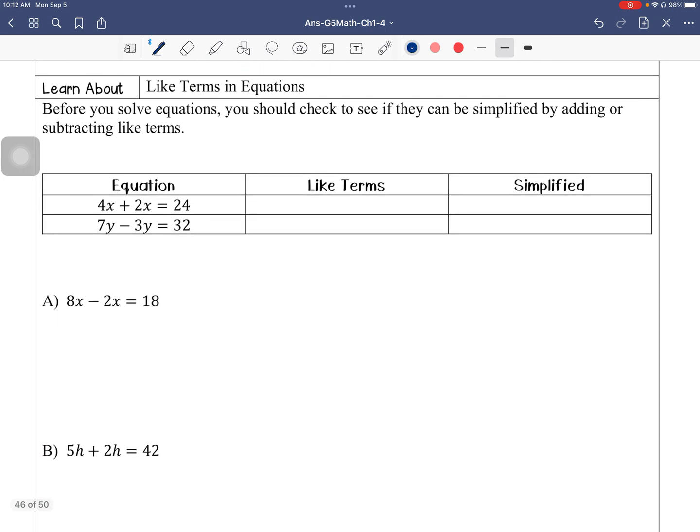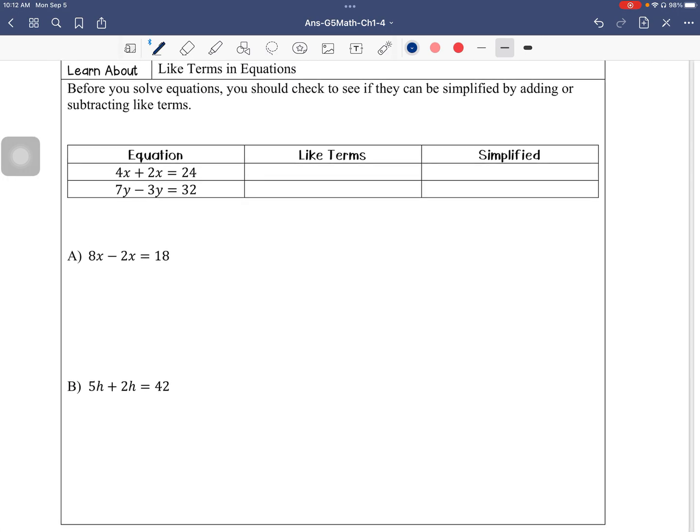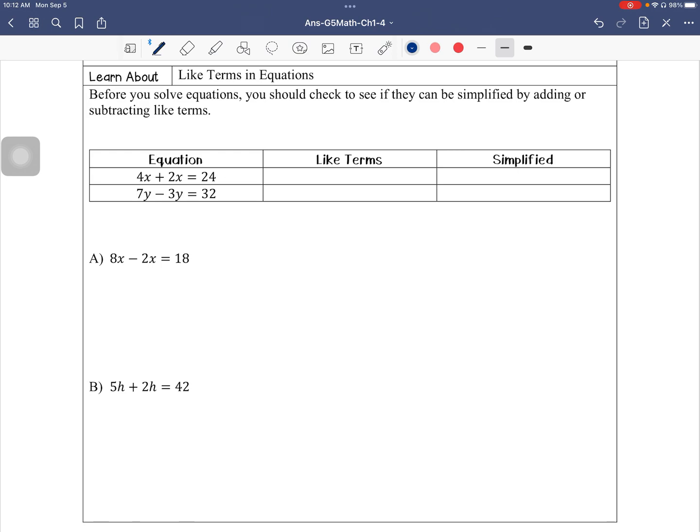Before we solve the equation, we want to double check if it can be simplified by adding or subtracting like terms. The like terms here are 4x and 2x. The definition of like terms is that they need to have the same variable, and once they have the same variable, the power also needs to be the same.